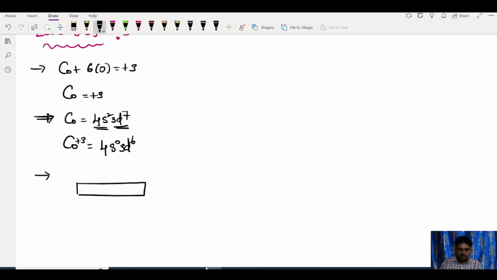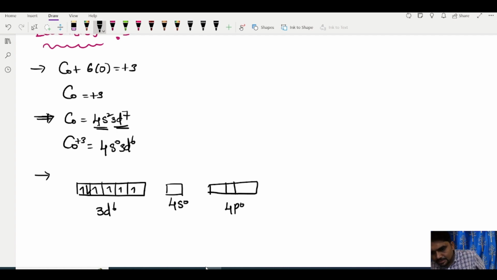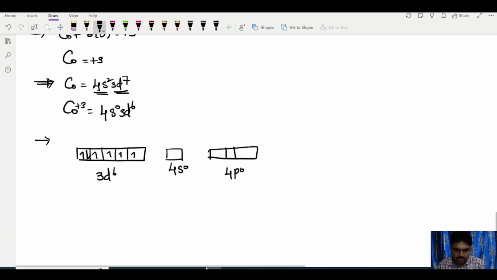The d subshell has 5 orbitals, with 6 electrons: 1, 2, 3, 4, 5, 6, and 4s has 0 and 4p has 0. Why do we write 0 for 4p? Since the 4th shell has started, the 4p subshell is also available, but since there is no electron, we are not writing any.